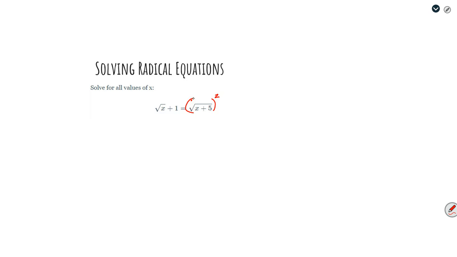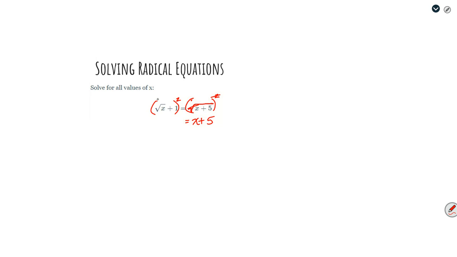Square this side, square the left side. On the right side, the only thing being squared is this radical, so that allows me to cancel out the radical to get x plus 5 on the right. On the left side, I'm squaring a radical and then a plus 1 outside of the radical.